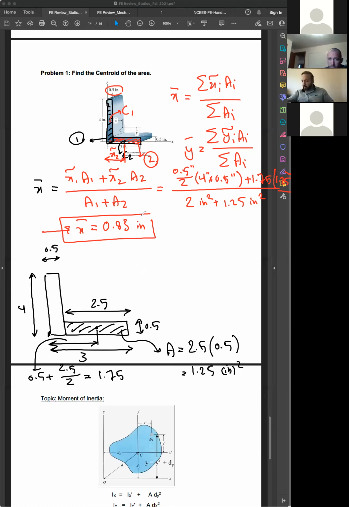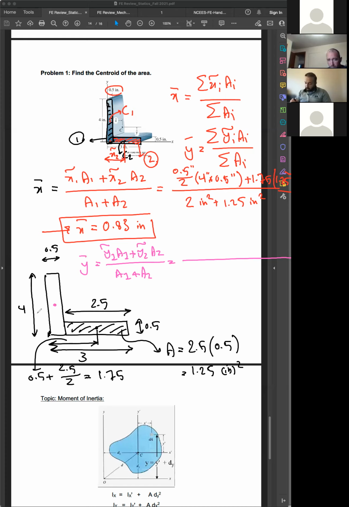What about the y bar? Y bar would be y tilde 1 A1 plus y tilde 2 A2 over A1 plus A2. All right. So this is your first member, right?